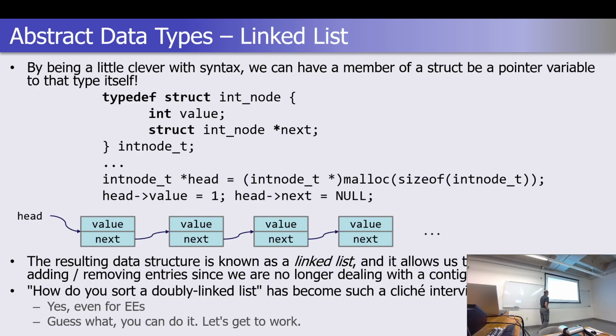For accessing an arbitrary element, it's going to be slower than the vector, because now you can't use that array syntax where you do values of 7 or values of i, because this is not guaranteed to be contiguous in memory anymore. Once I remove something and add something over here, they're not located next to each other in memory anymore. The order they are in memory is something we can't predict, we can't guarantee.